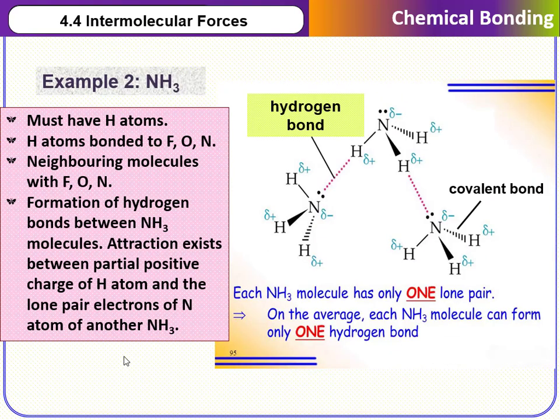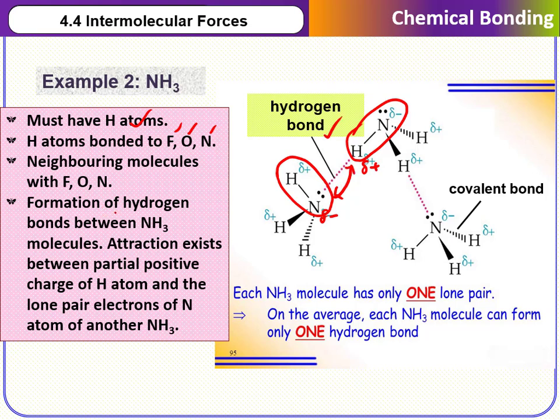Ammonia. How about ammonia? Does ammonia have an H atom? Yes, ammonia has an H atom. Which H atom is bonded to F or O or N? Yes, NH. So when the attraction is between the partial negative of this nitrogen and the partial positive hydrogen from the other ammonia molecule, that is the hydrogen bond.